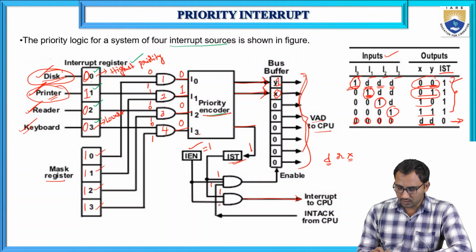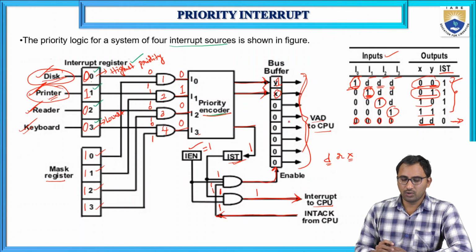So for this AND gate, the inputs are 1 and 1, so the output of the AND gate will be 1. That means interrupt to the CPU. Whenever the CPU receives an interrupt, it will send an acknowledgement, so that again it will enable, and this vector address will be sent to the CPU. In this way, the priority will be serviced.